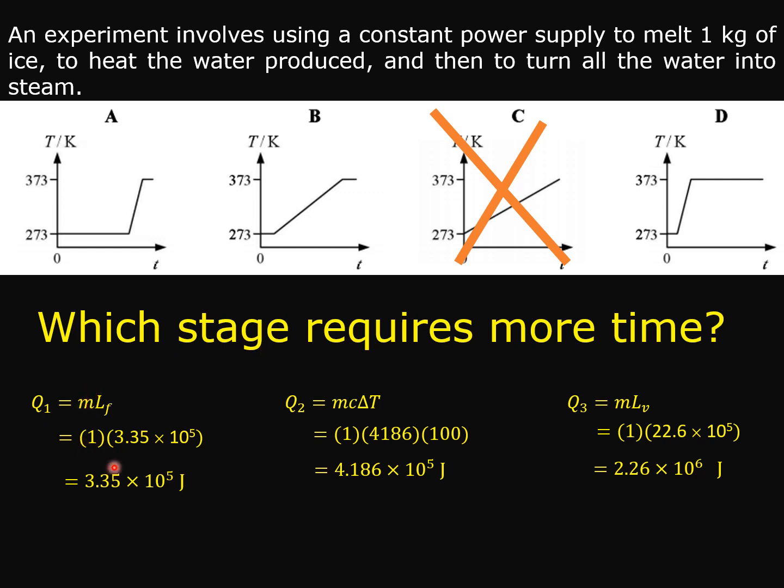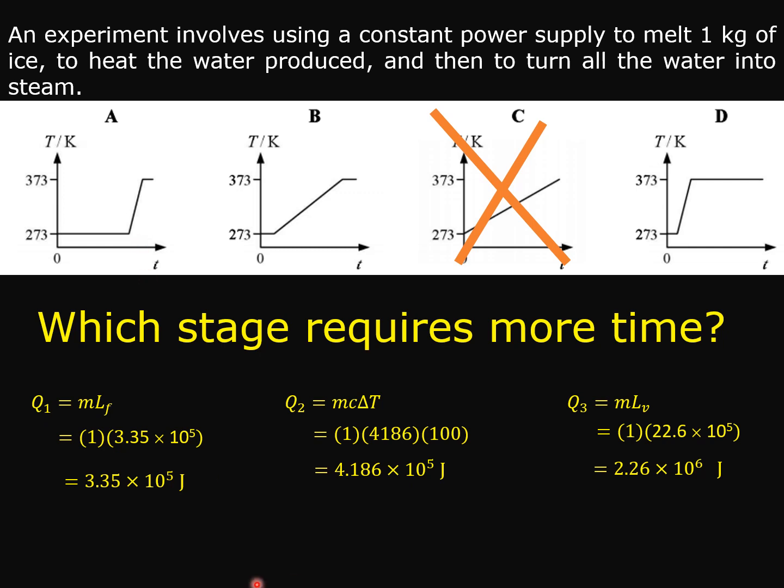And m is 1 kg, so we have 3.35 times 10 to the power 5 joules, which is the heat required to transform 1 kg of ice at 0 degrees C into water at 0 degrees C. In the whole process of the first stage, the temperature is the same, but it involves the transformation of state, from solid into liquid.